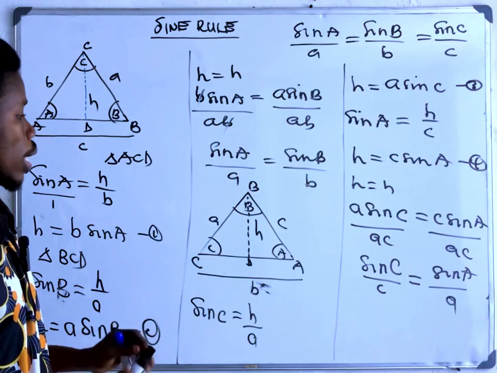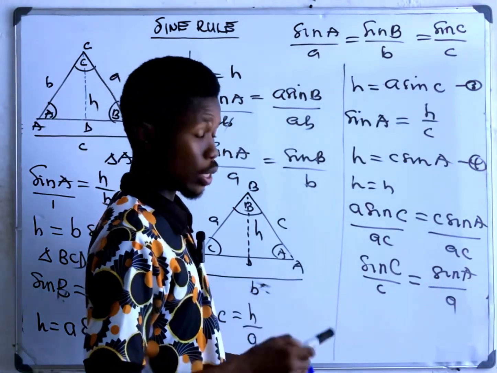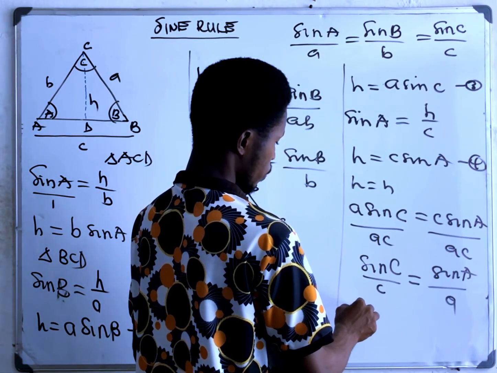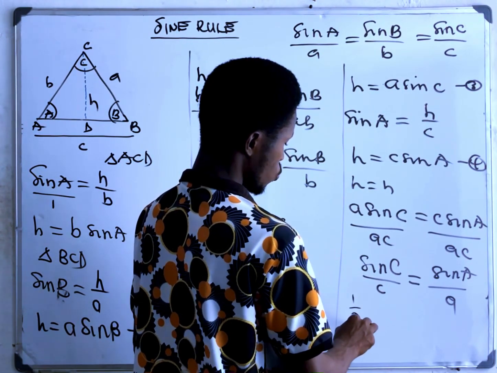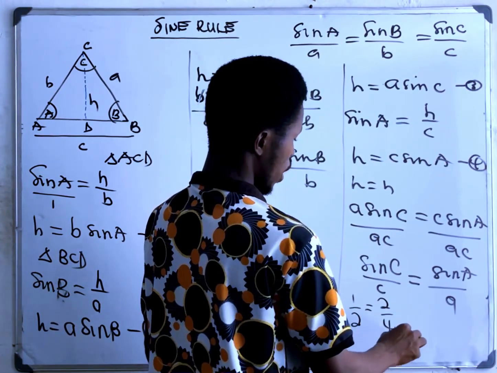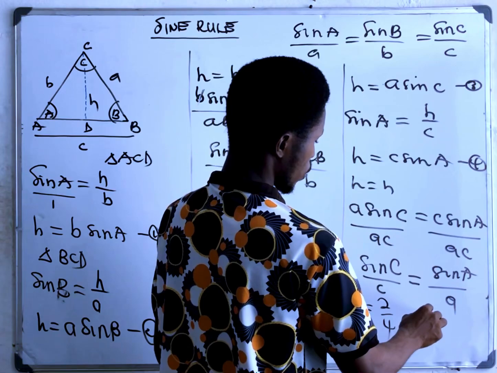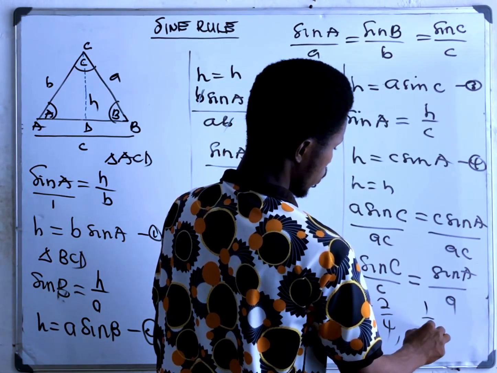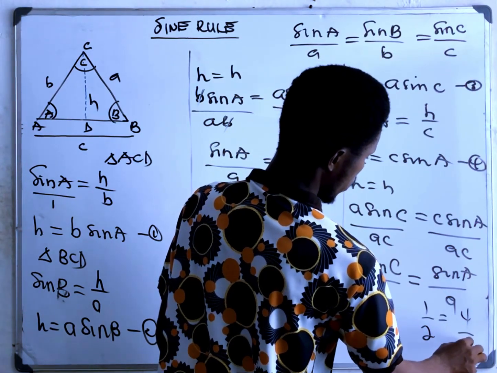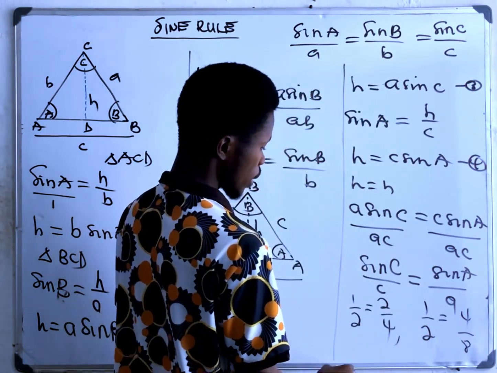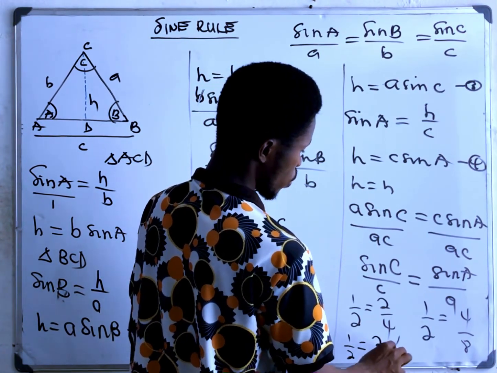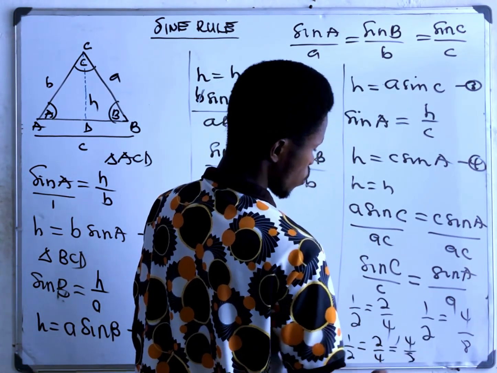Okay. Now let me ask you this scenario. If I have 1 over 2 equal to 2 over 4, and I also have 1 over 2 equal to 4 over 8, can I say that 1 over 2 is equal to 2 over 4, which is also equal to 4 over 8?